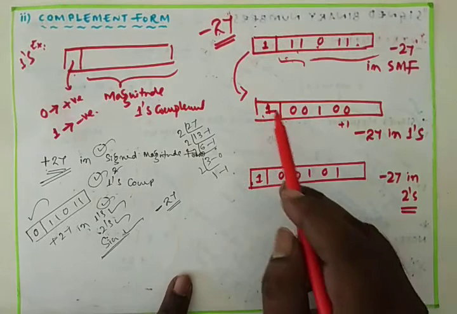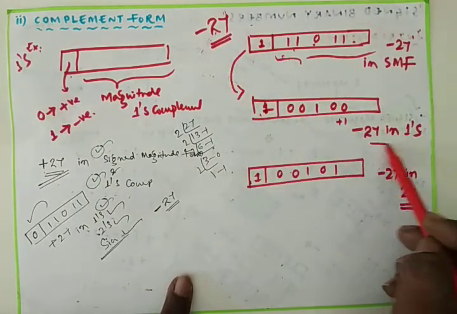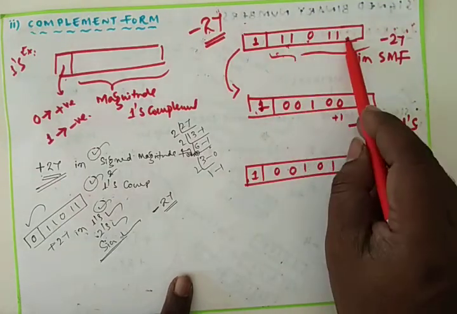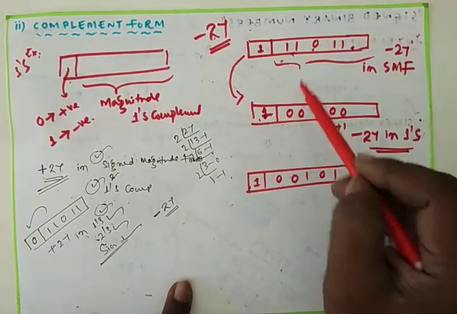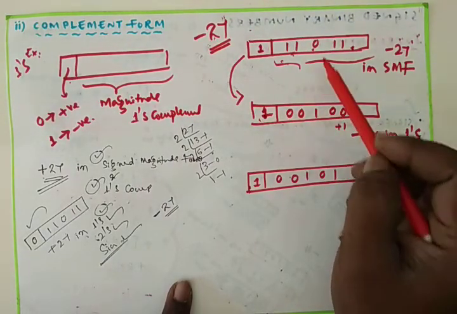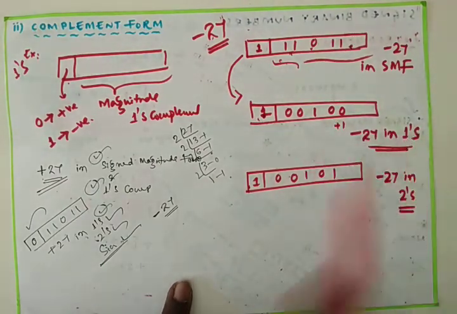In the next case, minus 27, minus remains the same, that is 1 remains the same. 27 is represented in one's complement, meaning where 1 is there, it is replaced by 0, and where 0 is there, it is replaced by 1. This is minus 27 in one's complement.